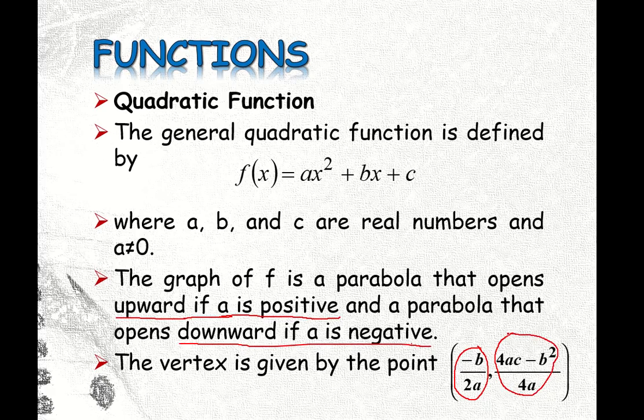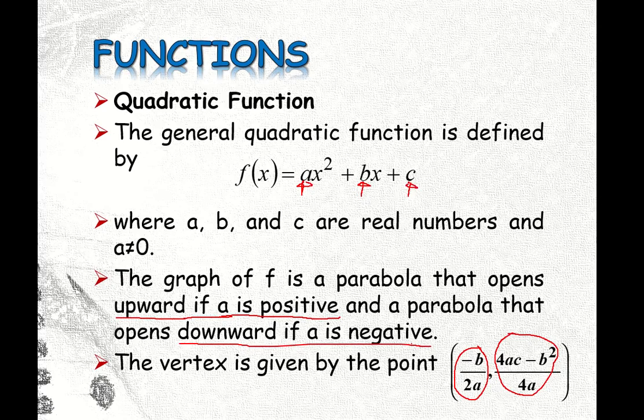Now, what are b and a? They are given in the function. This is your a, the coefficient of x squared, b is the coefficient of x, and c is the constant.